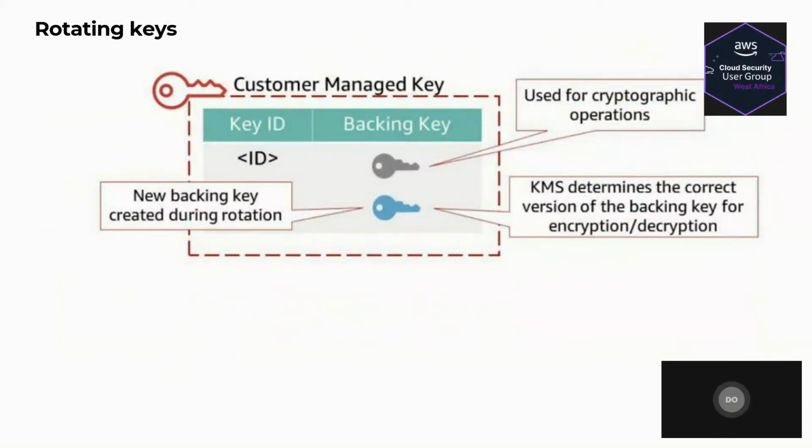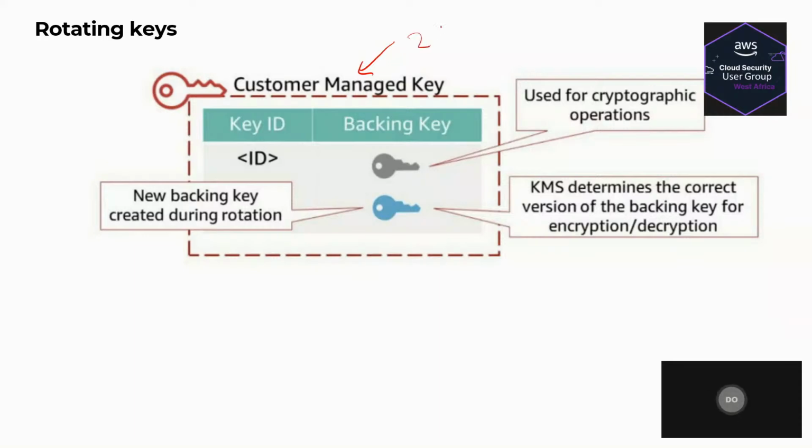So what about rotating keys? How does that work in KMS? For us to understand how rotating keys work, let's take a step back to understand the structure of a customer managed key in KMS. When we create a customer managed key, remember this is the key that is used to encrypt the data key, right? When we create a customer managed key in KMS, we have different information that is created, but primarily we have two things.